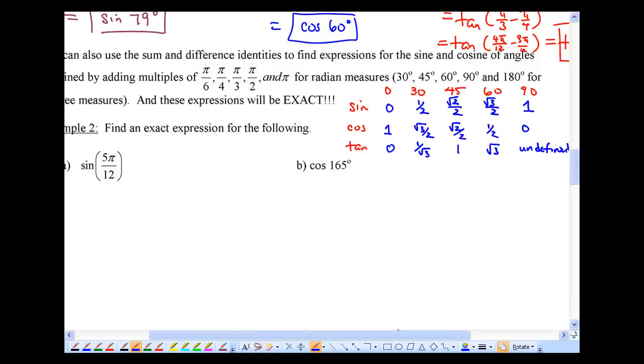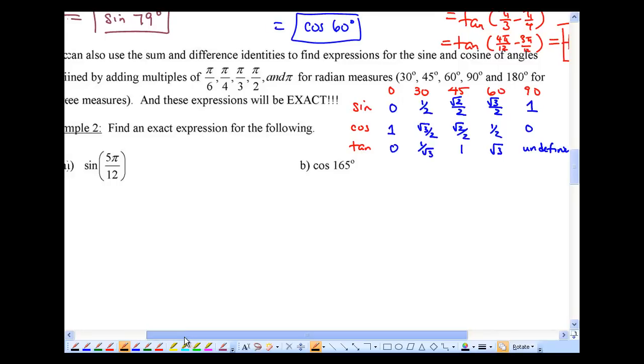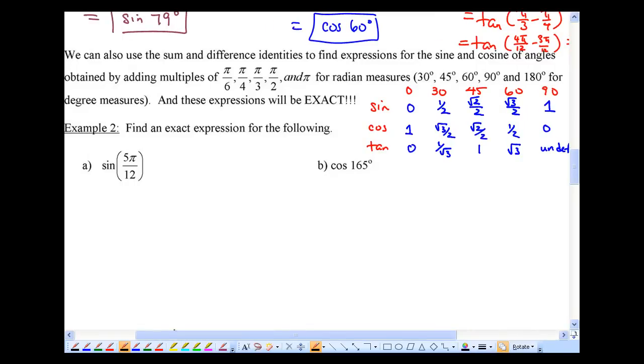Anything? Any suggestions? This is tough, eh? Well, let's see. If you did do pi over 4 and pi over 3, let's see what you get. Okay, just watch me first. Don't write this down. Sine of pi over 4 plus pi over 3. If we did actually use this, then we have the common denominator: that would be 3 pi and this would be 4 pi, and that's actually 7 pi.